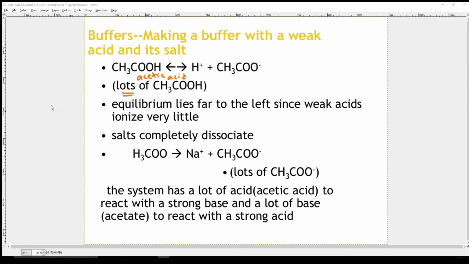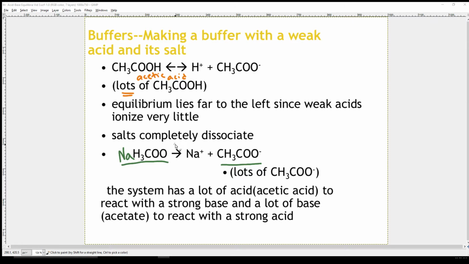Salts, however, completely dissociate. There's a typo here. Go ahead and add Na to this, so this is NaCH3COO. This would be considered the salt that belongs to acetic acid, because we know acetic acid creates acetate ions, and so does this salt. The nice thing about salts is that they completely dissociate, so you use a one-way arrow.